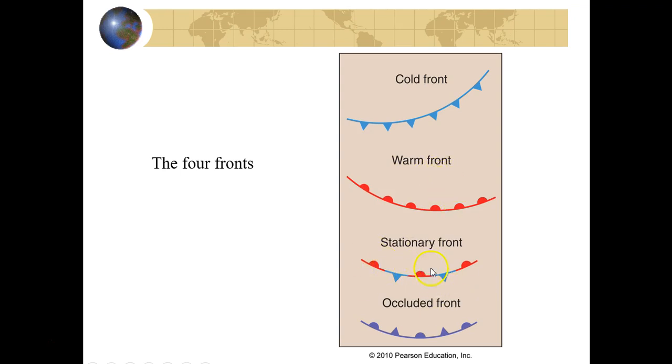And then we have 2 specialized kind of fronts called stationary and occluded, and I'll show you some examples of each. But they are almost always generally in the Midwest, dealing with the positioning and the movements of continental polar and maritime tropical air, as they're both competing and vying for territory over the Midwest of the United States.